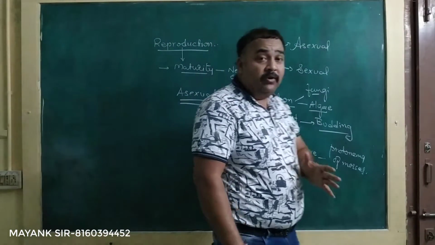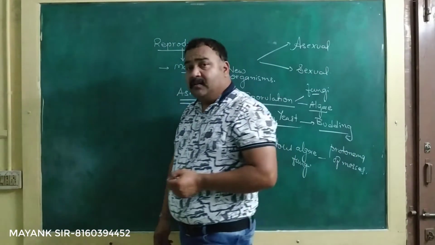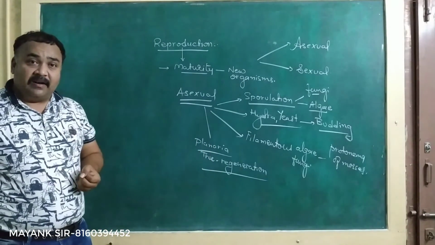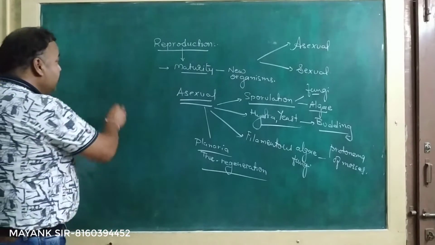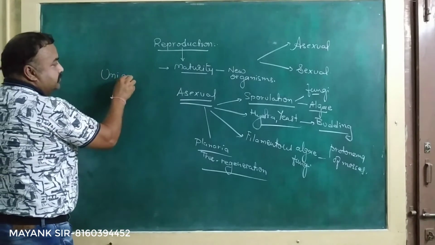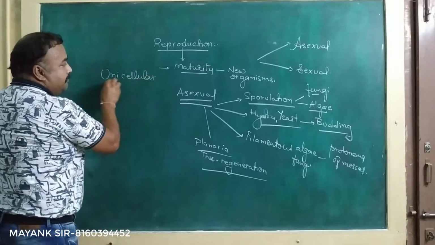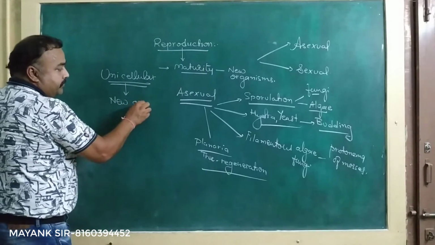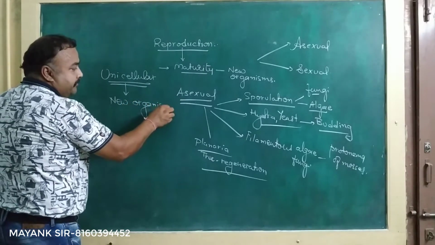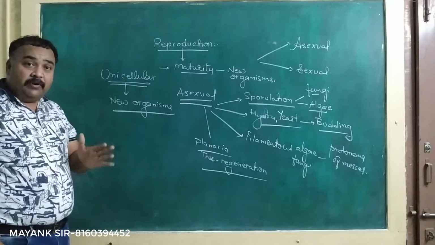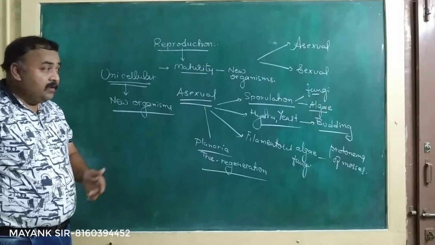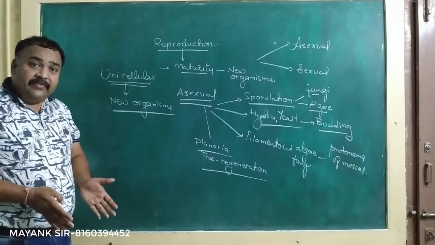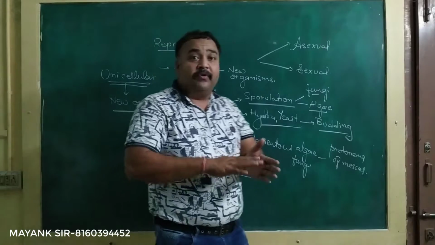Now when we talk about unicellular organisms, like yeast, amoeba, euglena, paramecium, what will happen? The unicellular organisms will reproduce and produce new organisms. But is this known as reproduction? Yes, it is. But if cell division occurs, the body is made up of a single cell, so the number of cells increases and the number of organisms also increases.